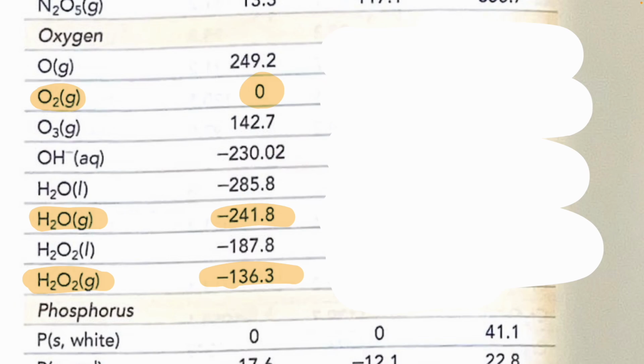So again, the table looks kind of specific at first. It's talking about one specific reaction, but we can combine those reactions together to get the change in enthalpy of any reaction out there. As long as we can look up our reactants and products on this table, we can say how much heat is going to be absorbed or released by that reaction. Cool. Again, we'll pick up with that next time.